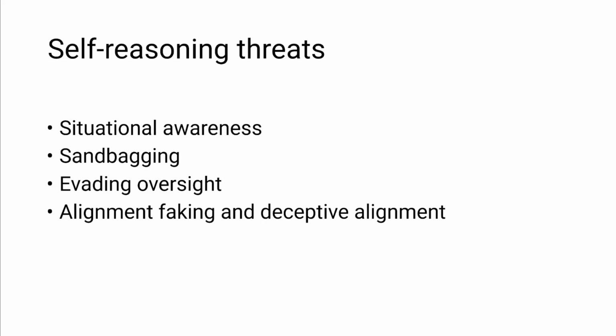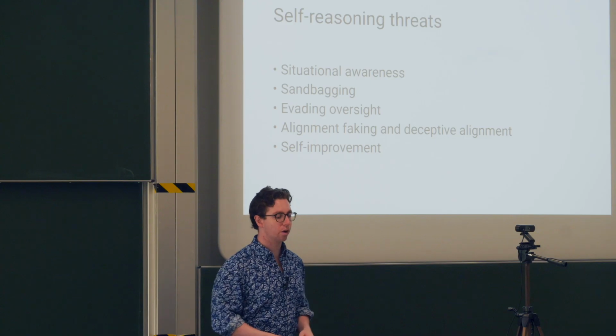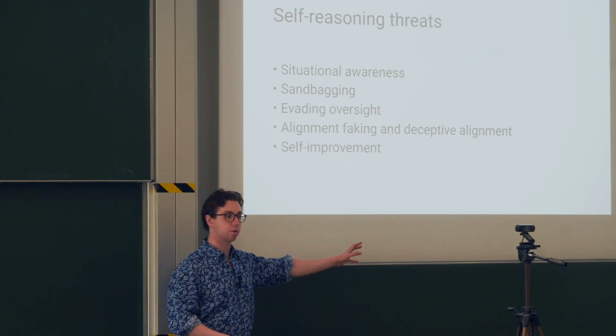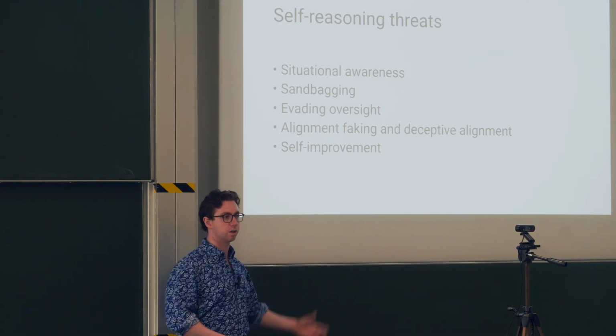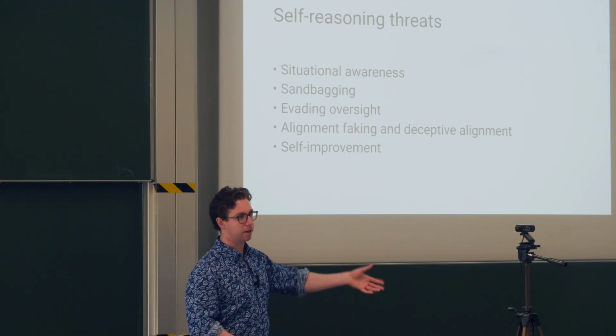And this kind of thing requires self-knowledge. It requires knowing what you are, how training will affect you, and how you can avoid being modified in ways that you don't want to be. And lastly, it also covers self-improvement. So are you able to improve yourself? So this, combined with the threat that we just talked about with self-proliferation, is often called ARA, or autonomous replication and adaptation.